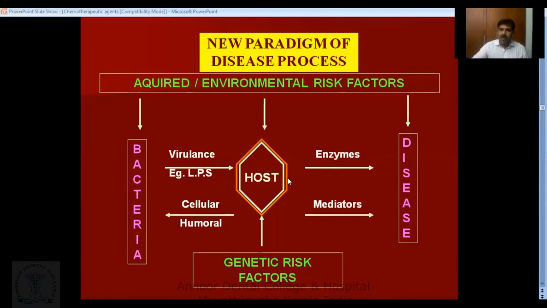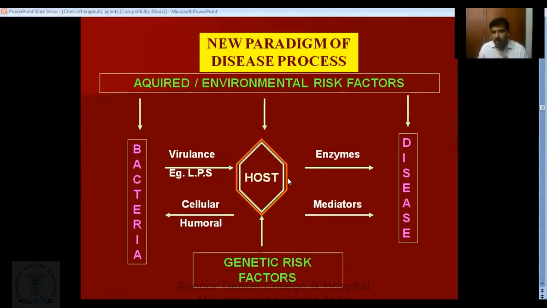So the gingival and all the periodontal tissues are being destroyed by these mediators produced by the host as a result of host interaction. And you have acquired, environmental or genetic risk factors which may interact and influence this host bacterial interaction. So this is the new paradigm. Here we are trying to reduce the exaggerated host response that is present there.